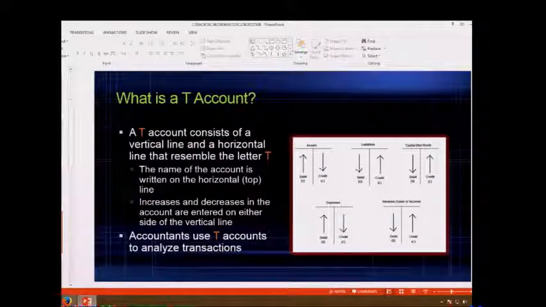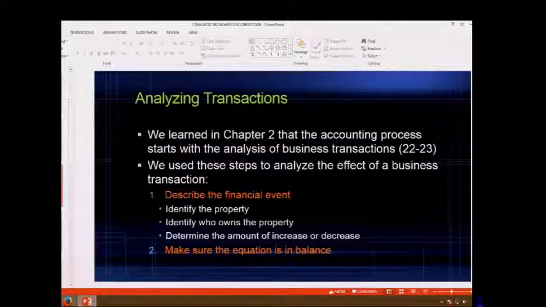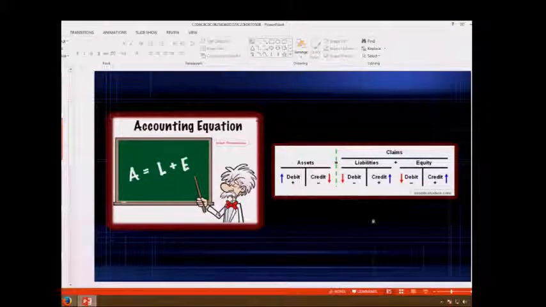What this does is it shows you graphically, in a picture, the differences between the types of accounts. The top line of my graphic and also in the book is exactly the same. Your assets increase on the left, they decrease on the right.